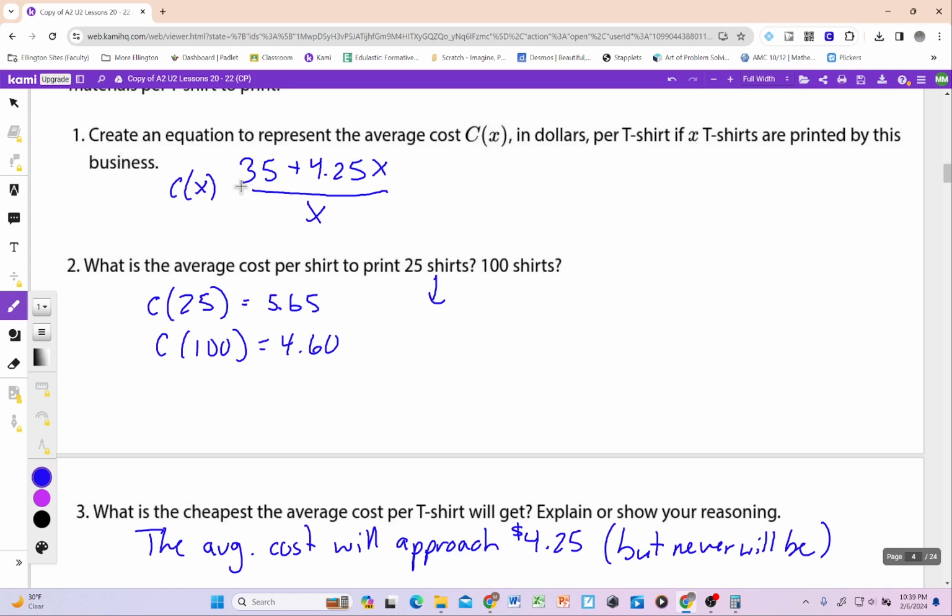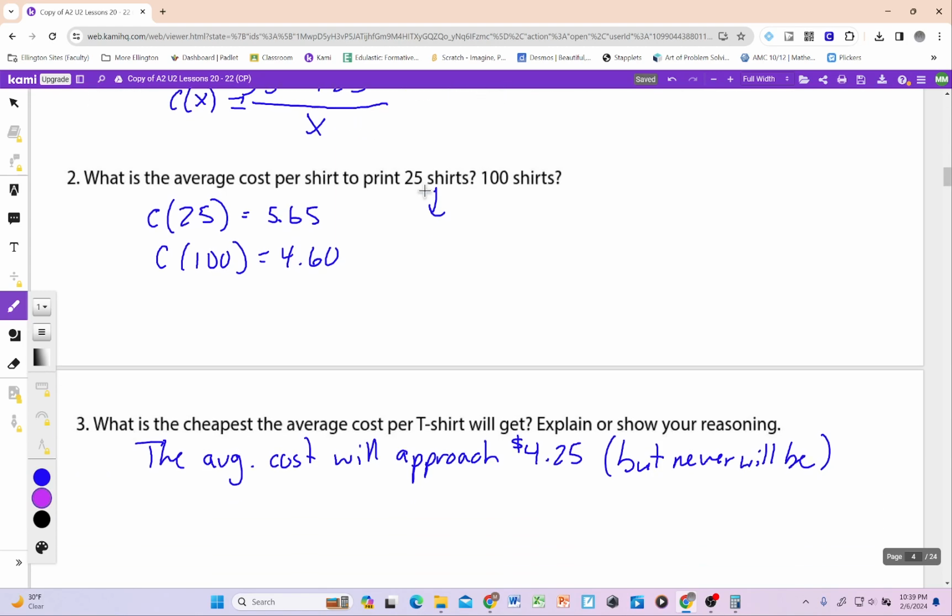So instead, what we're trying to do here is plug in C of x. C of x is your average cost. So here's your average cost right here. Oops, I meant to change color there. So C of x is your average cost.